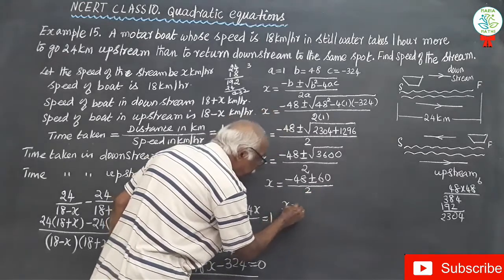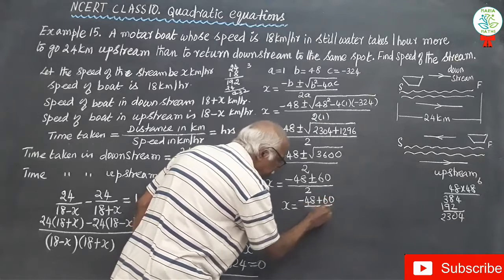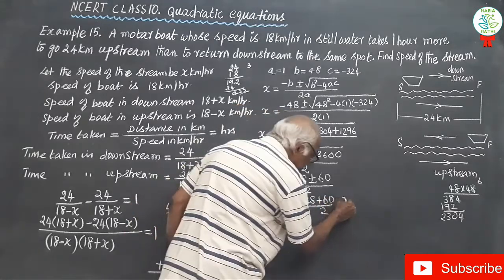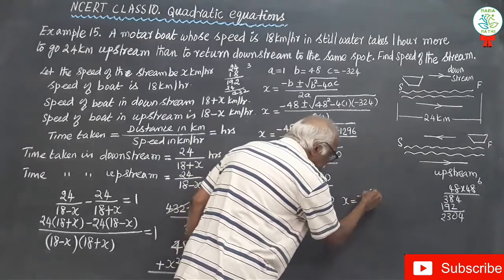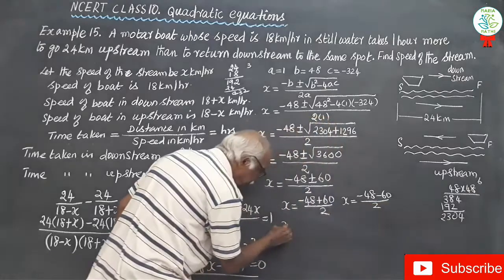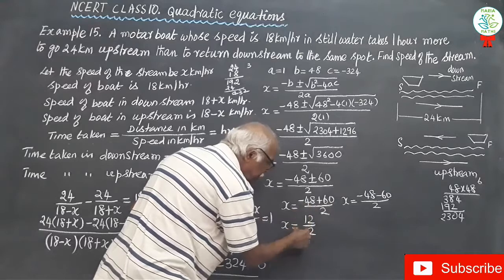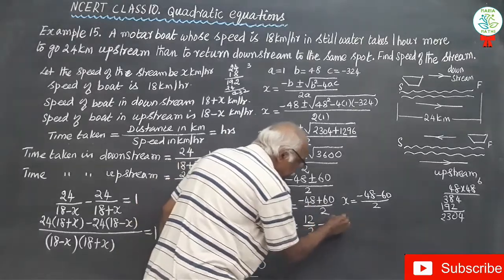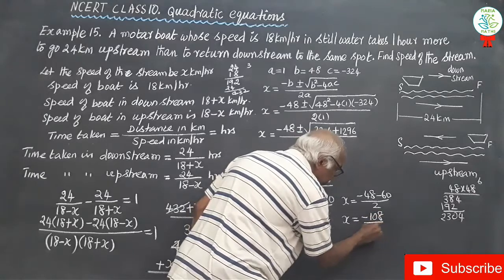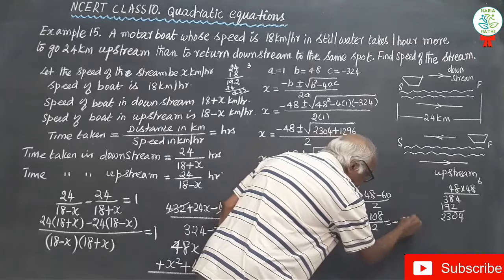Therefore, x is equal to minus 48 plus 60 by 2, or x is equal to minus 48 minus 60 by 2. Therefore, x is equal to 12 by 2, 60 minus 48 is 12, by 2, which is 6. Or x is equal to minus 108 by 2, which is minus 54.